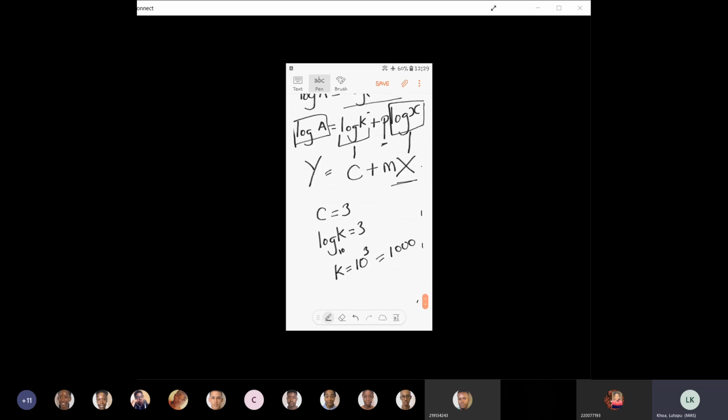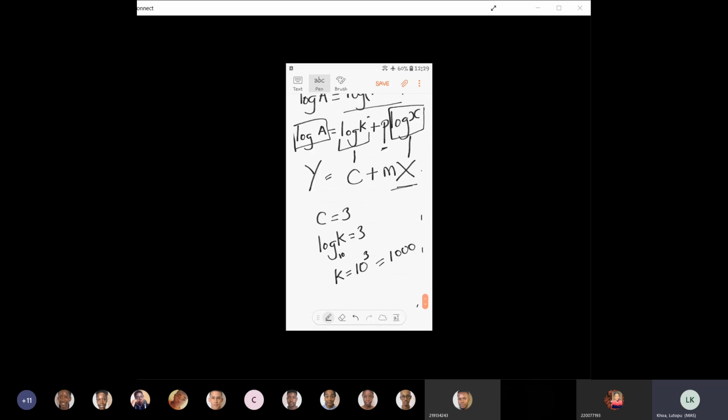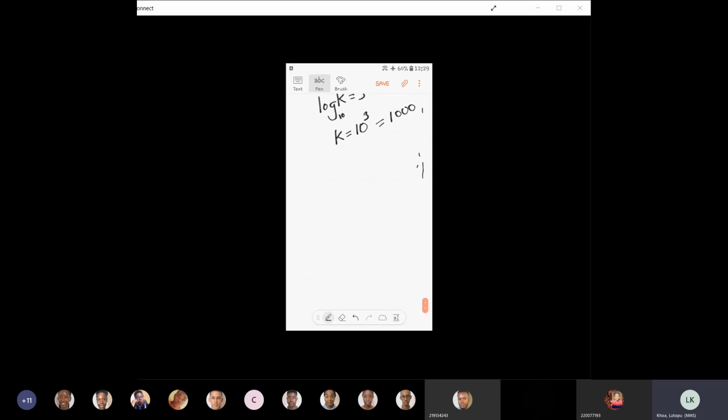Then I need to solve for p. P here is the gradient. I don't need to take logs because the value of p that I get is exactly equal to my gradient. So my gradient, which is the value of p, is just delta y over delta x, and I use the points given on the graph. The first point is 0, 3. The second one is 8, 0.